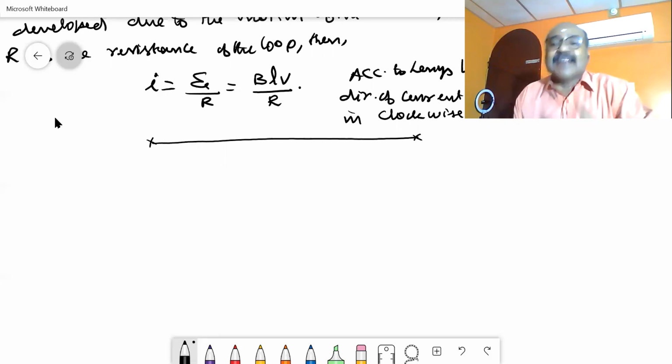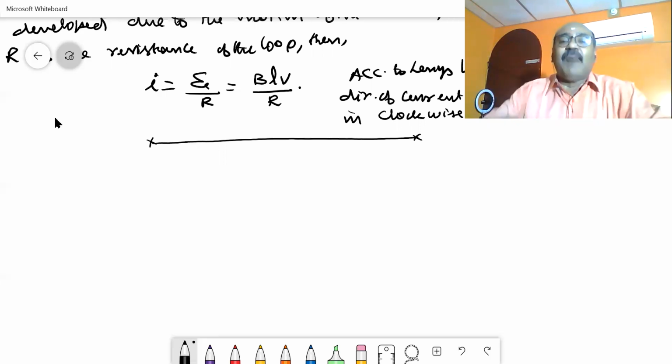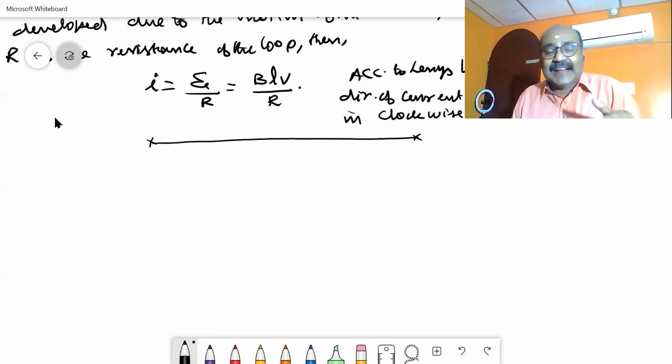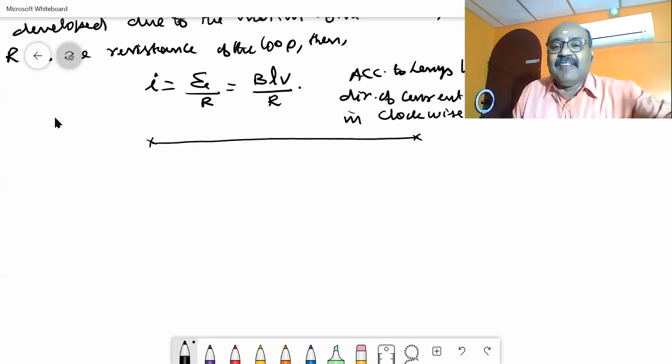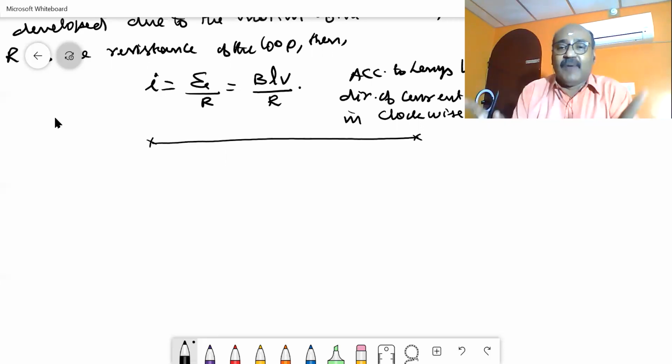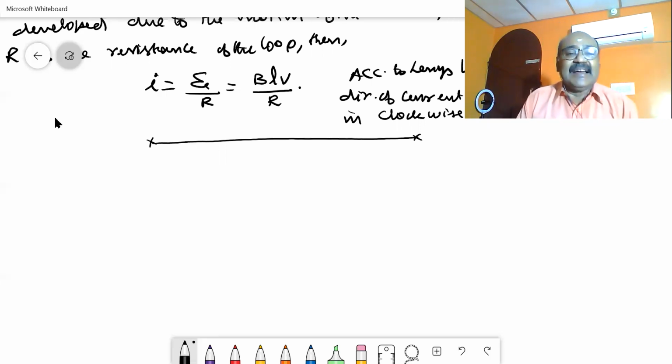That electrical energy developed is given out in the form of heat energy in the loop. So the mechanical energy developed and the heat energy developed are found to be equal. That I have to prove. That we are calling energy conservation.